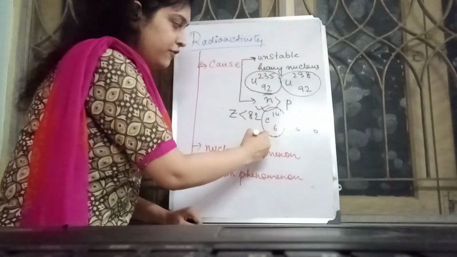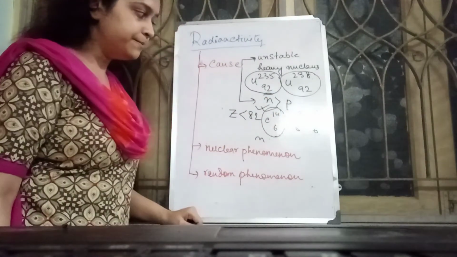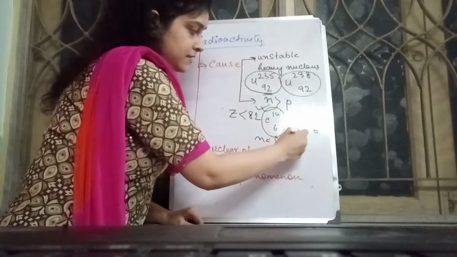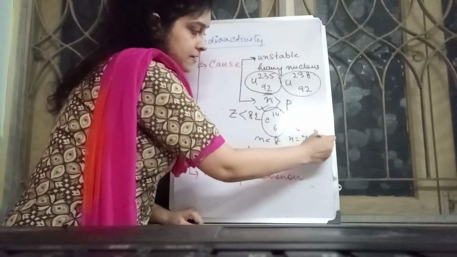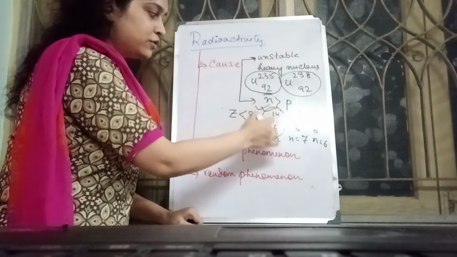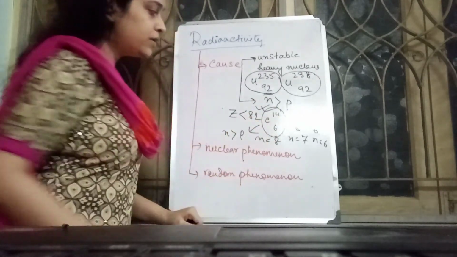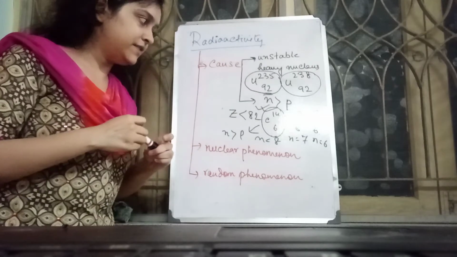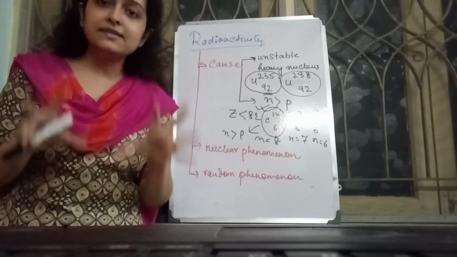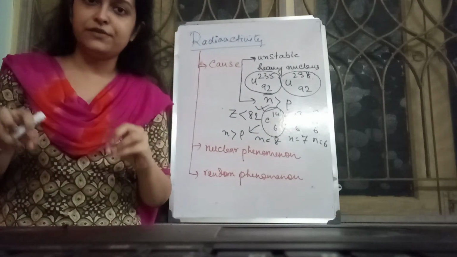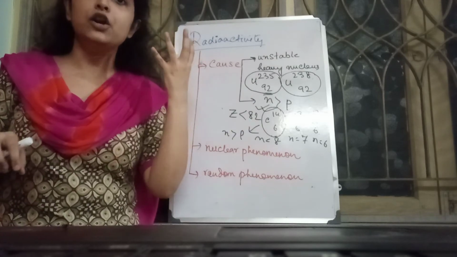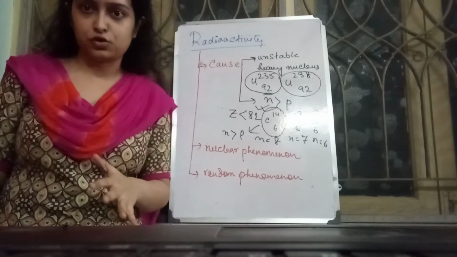Why? The number of protons here is maximum 8. Here the number of neutrons is greater than protons, so it shows radioactivity. Those isotopes of an element which can show radioactivity are known as radioisotopes.